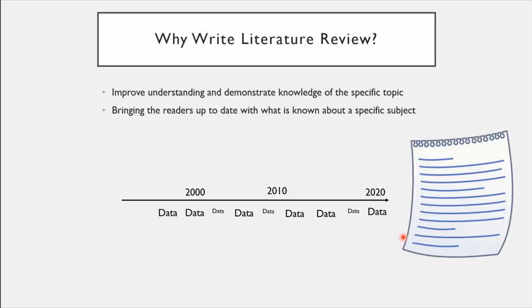A literature review provides an update of everything we know so far about this narrow topic. So instead of going back, let's say 20 years, and looking at all the papers, the literature review provides the important and major outcomes about this research topic in one paper.